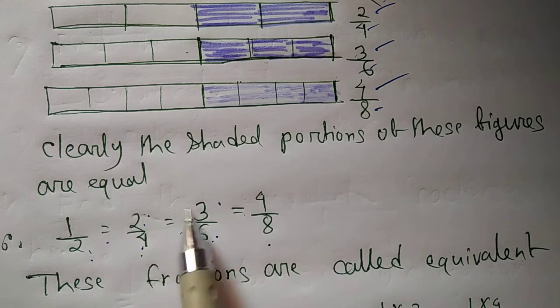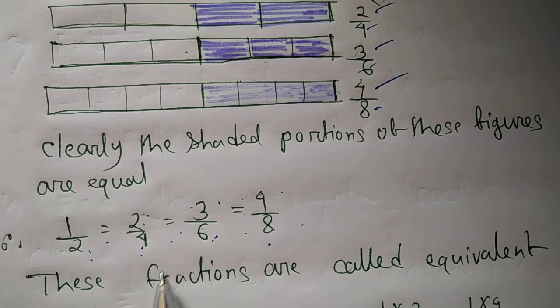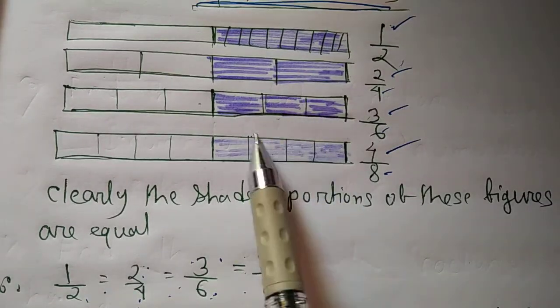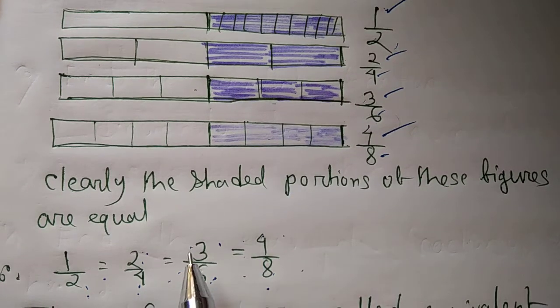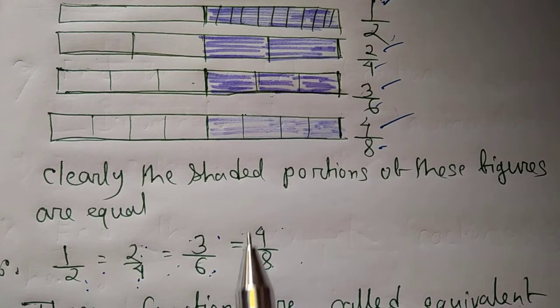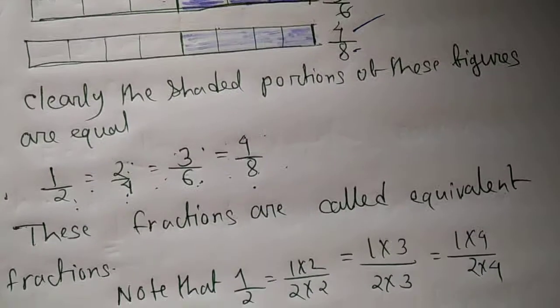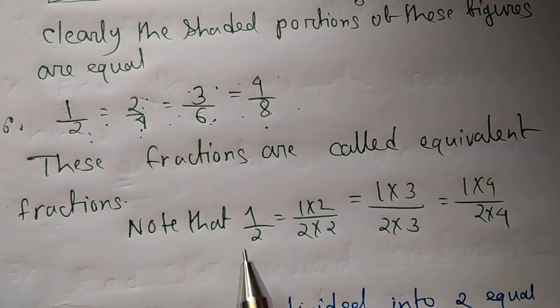Means numerators are different, denominators also different, but they represent same value, because you see the shaded portion of this figure are equal. So we can say equivalent fractions are those which represent the same value. So these fractions are called equivalent fractions.